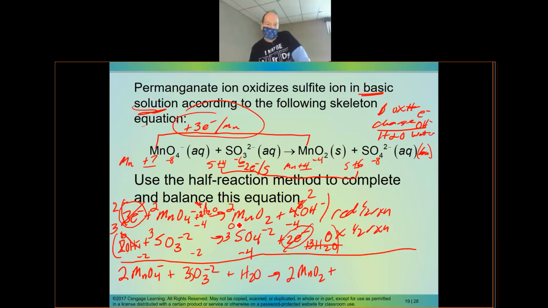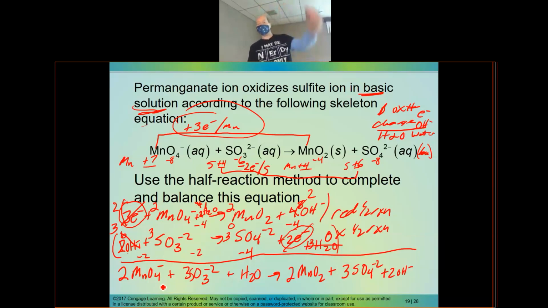You've got your 3 SO4 minus 2s. All right, you have now only 2 OH minuses left on this side. And of course, your waters have been subtracted 3 from both sides, and so it is gone on the right.